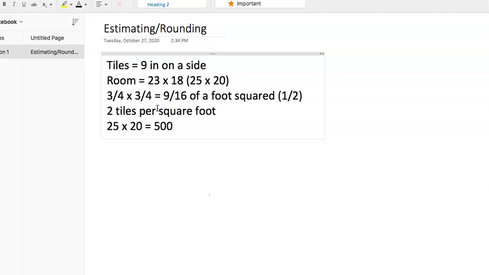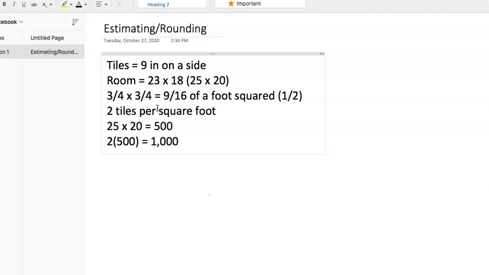It's 500. Okay, so now we know we have 2 tiles per square foot. We have 500 feet we got to worry about. 2 times 500 equals 1,000. Okay, and that is our answer, right? It will require approximately 1,000 tiles.